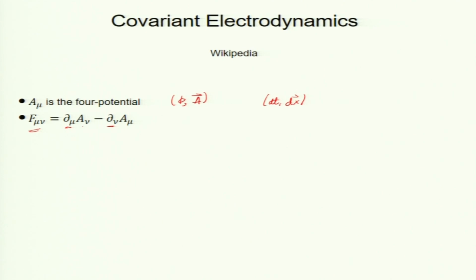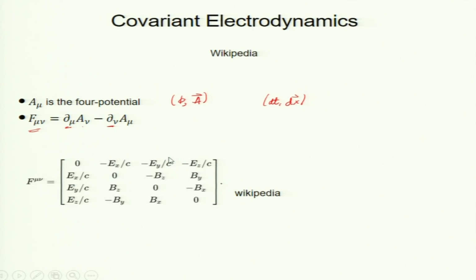If you work them out, it is not difficult. So, we get a matrix of this form, with the electric field here and B sitting here. So, this is the 16 components. F mu nu has the electric and magnetic fields as components.